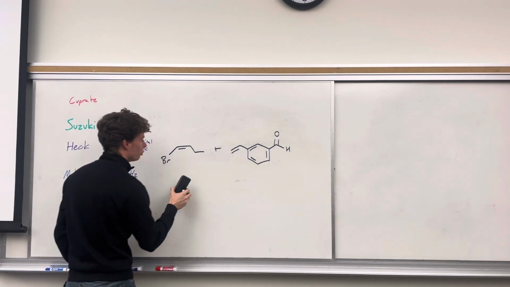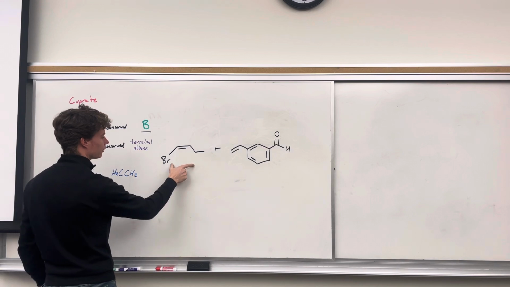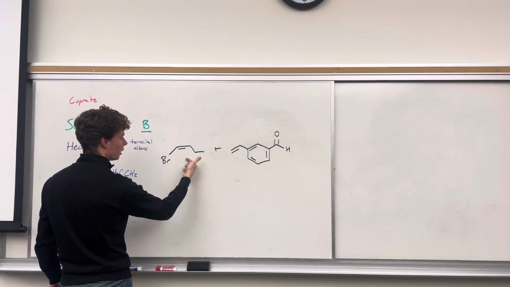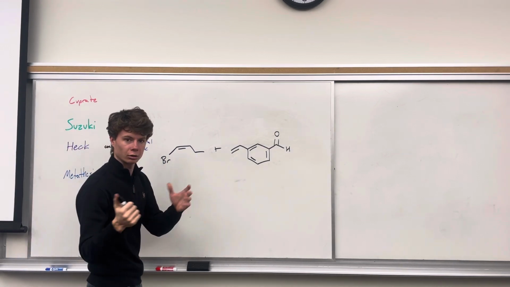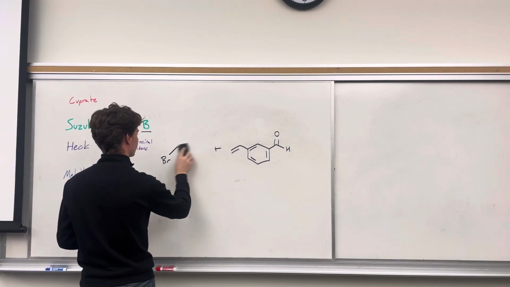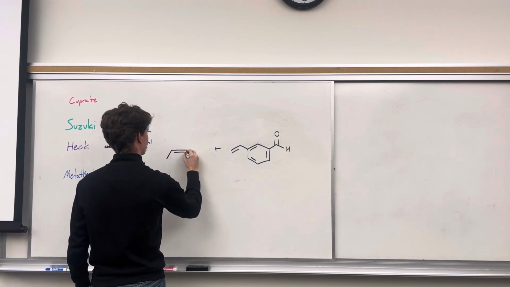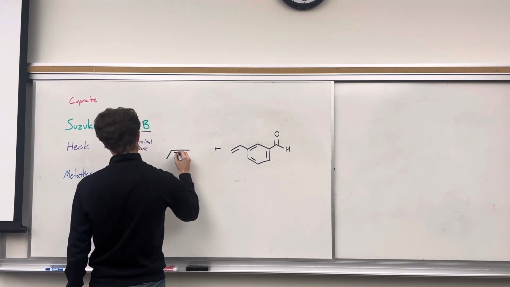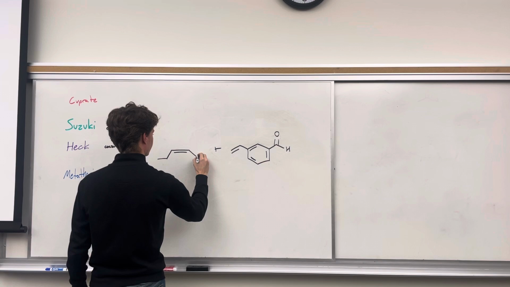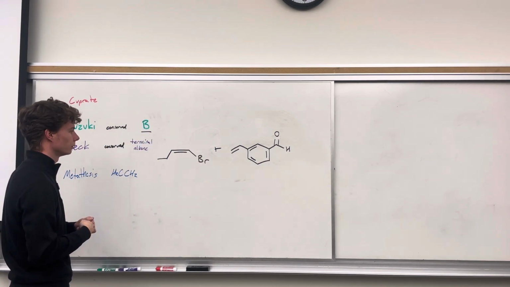To make this visually easier on us, I'm going to take this and flip it around, just a mirror image, kind of. That way my groups that are attaching are already close together.